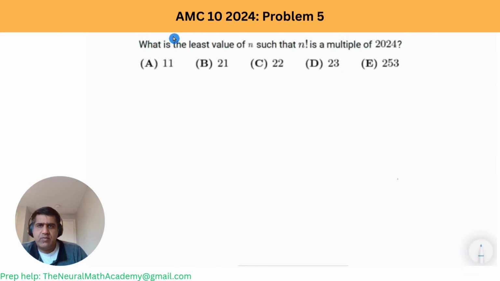Now let's look at problem 5, where we have to find the least value of n such that n factorial is a multiple of 2024. For such problems, first we will get the factorization of the given number. So I will see what are the prime factors for 2024.